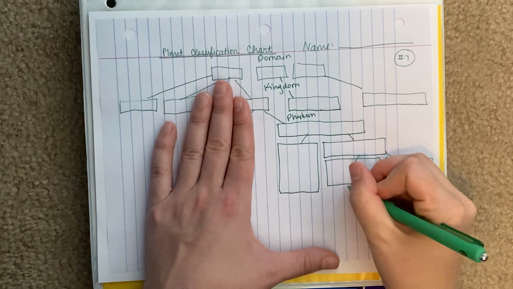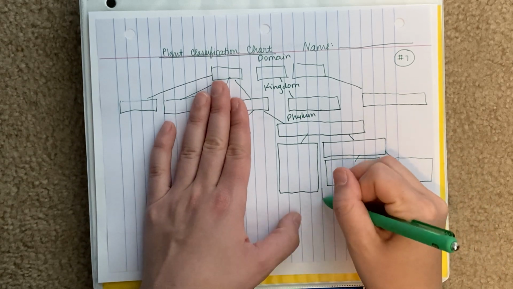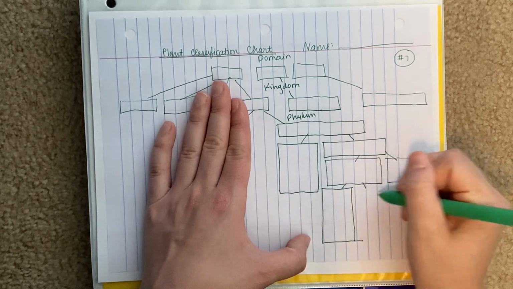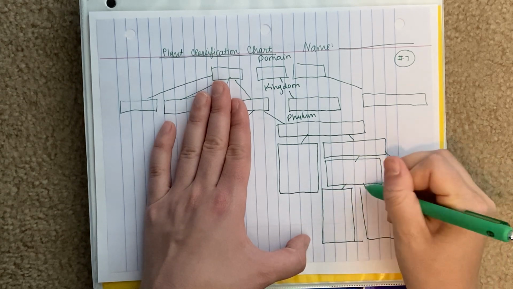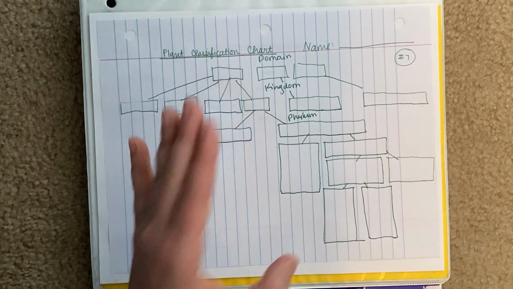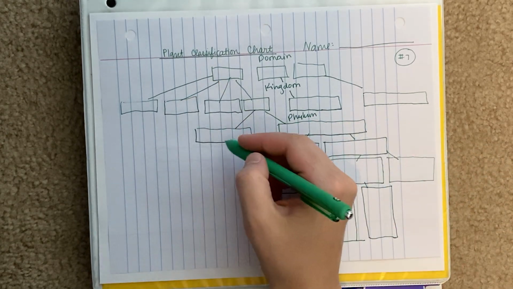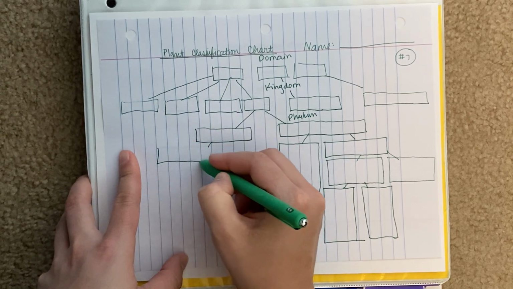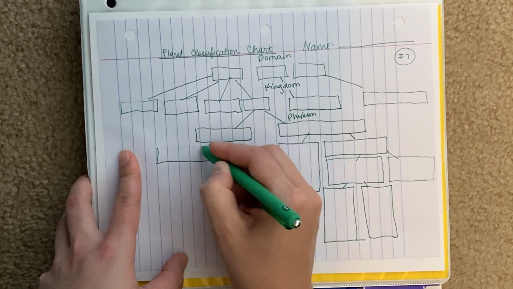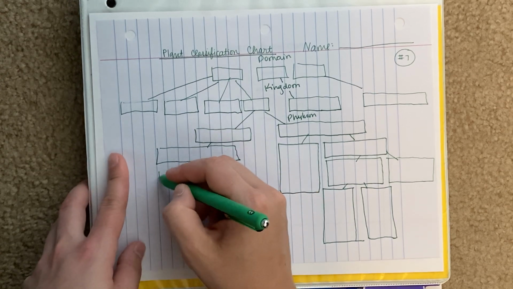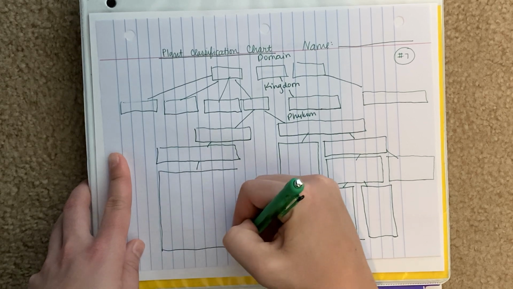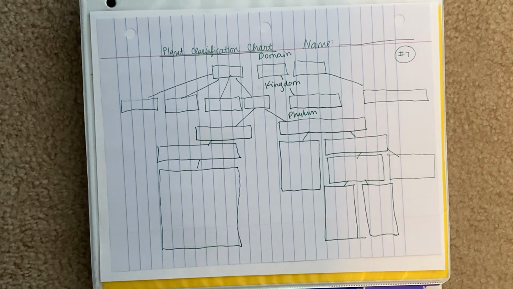And then this smaller box is divided into 2 as well. Okay, now coming back over to this phylum, we have this guy here. He only has 1 subgroup underneath him, and then 1 more subgroup underneath that.